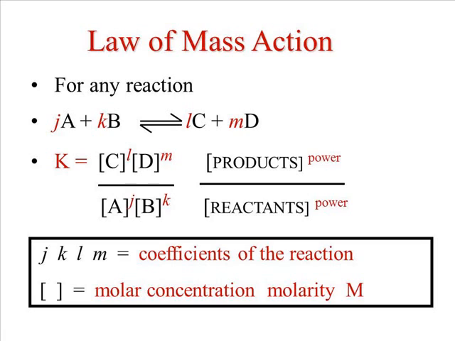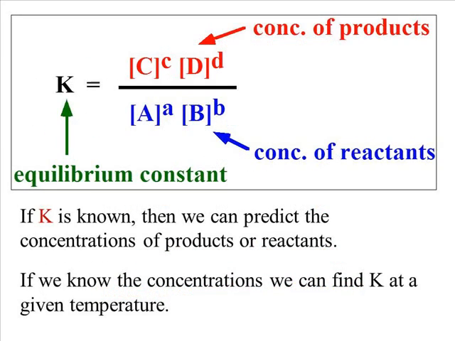So for the example, you've got C to the L power, D to the M, over A to the J, B to the K. So it's a ratio of the products to the reactants. If you know K, then you can predict the concentration of products and reactants. And if you happen to know the concentrations, you can solve for K.